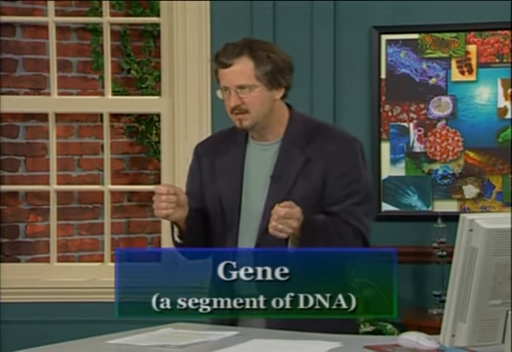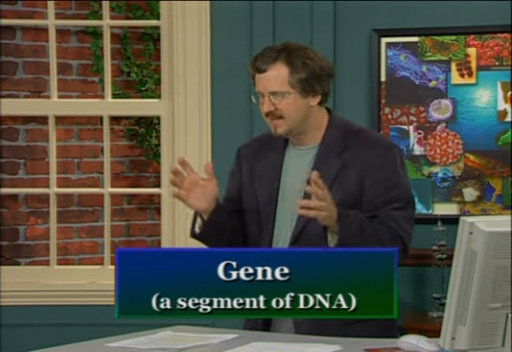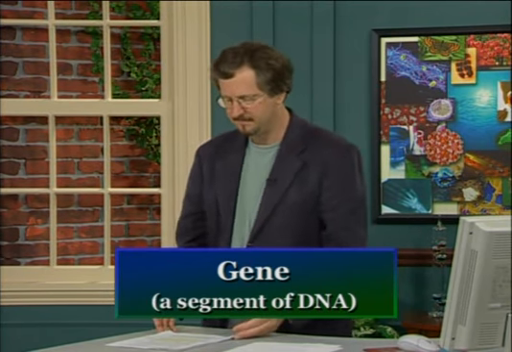You can define the word gene in different ways in different contexts. In this context, at least as a first approximation, the Central Dogma makes clear that on the molecular level, a gene must be a segment of DNA.